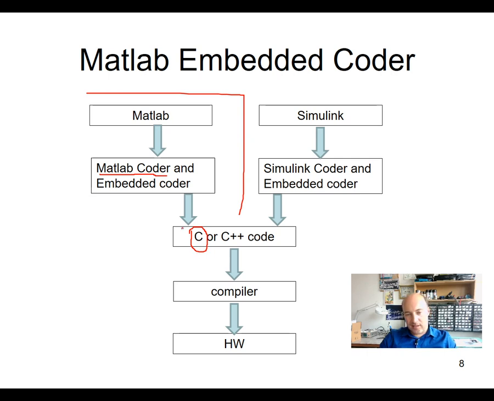At the end, this is like a byproduct, and we will watch this byproduct and we'll see how it is created. We will then run a compiler, and this compiler compiles the C code, which is a kind of universal code, and it will compile it to a specific hardware.